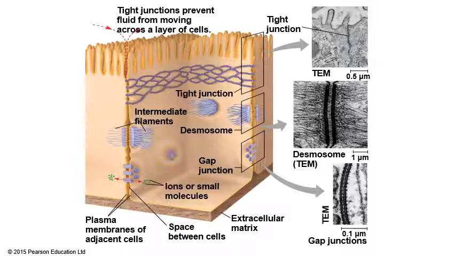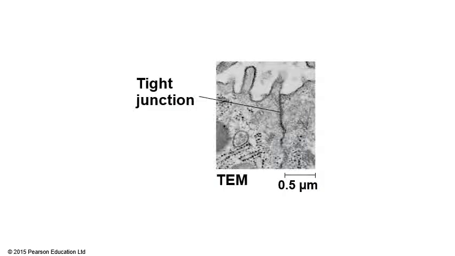This one showing 3 types of cell junction for animal. So we can see tight junction and desmosome and gap junction. As we discussed, one cell to another, they connected together without any space in between.